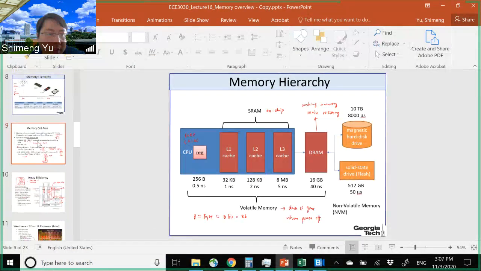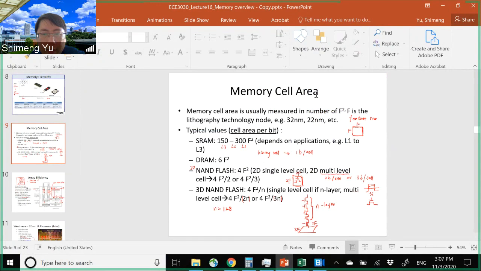And then understand the memory cell area metric, the F square, and be aware of those typical numbers for different technologies to store 1 bit of information. How many F square you need to spend to store 1 bit.